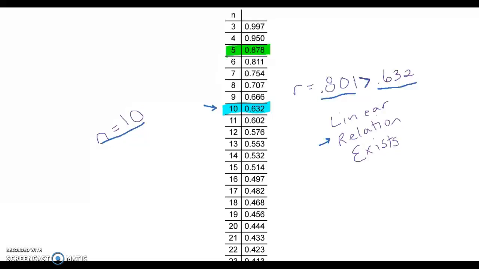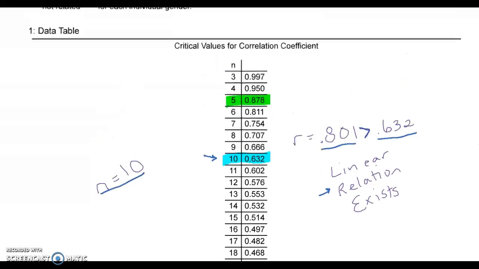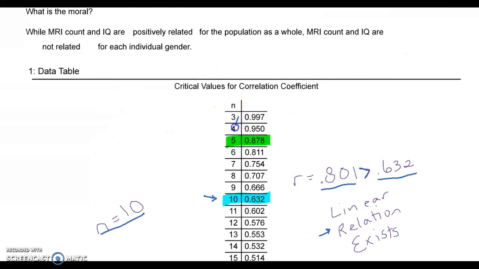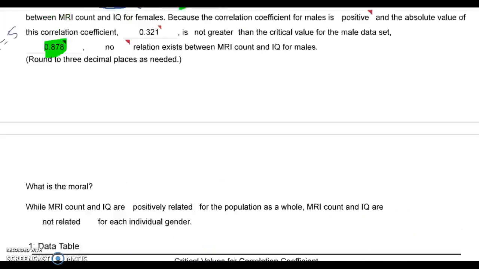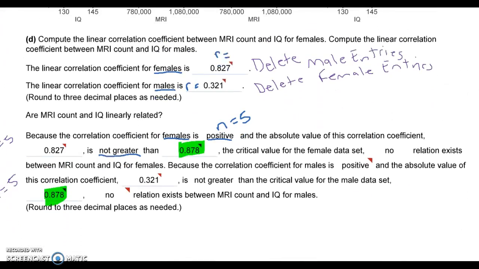Let's look at our chart again. This time we're using a sample size of 5. So with that sample size of 5, we're comparing it to 0.878. And the value we got is not greater than that. So the critical value is higher than our R value, which means that we don't have that linear relation for the females.